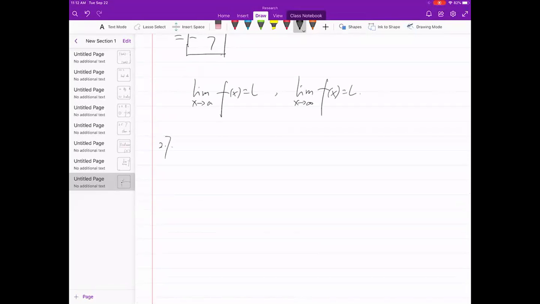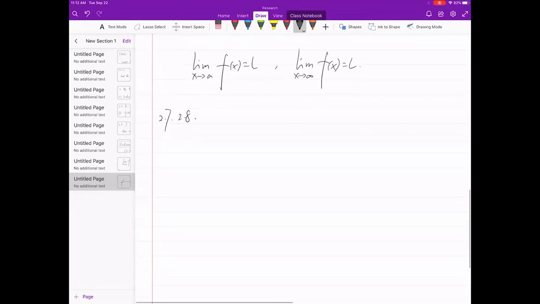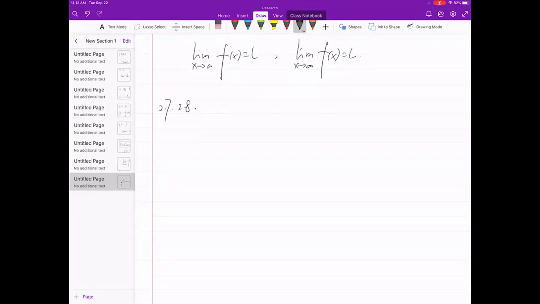Now we want to go back to where we originally started. I would put 2.7 and 2.8 together in the book. And then we will talk about derivatives and the rate of change.